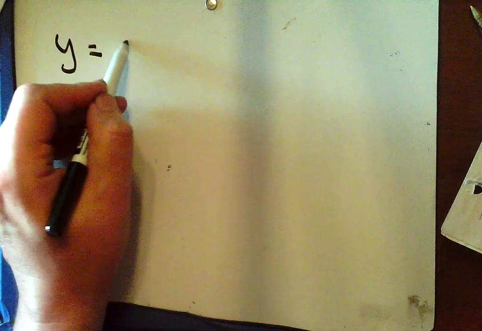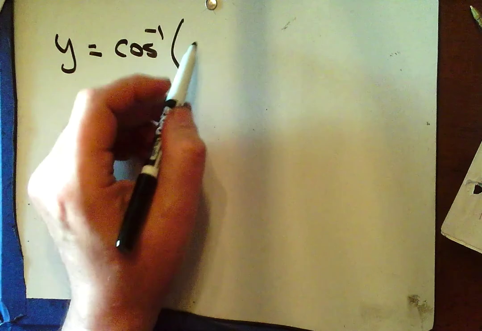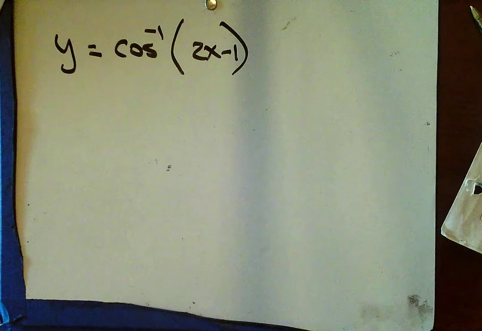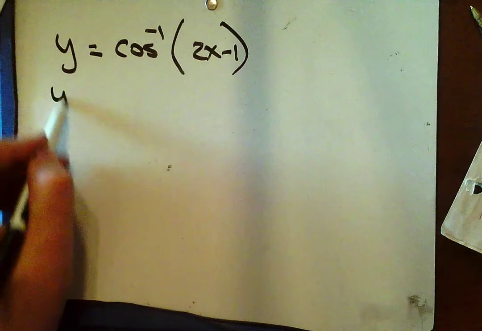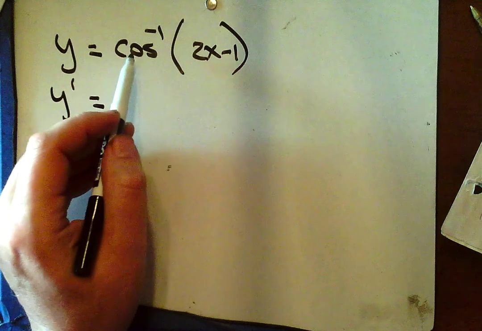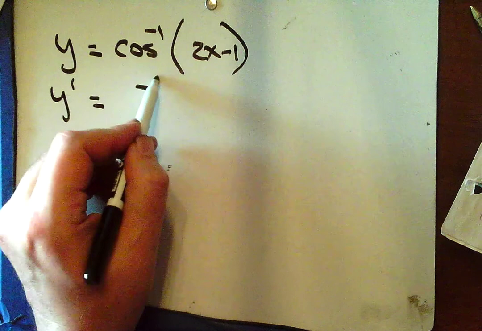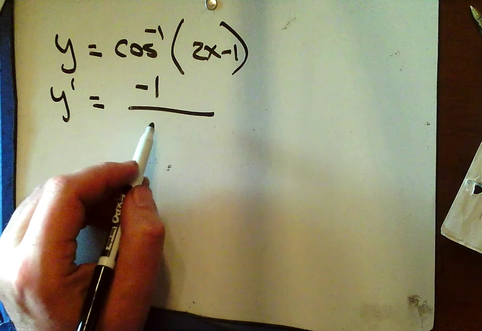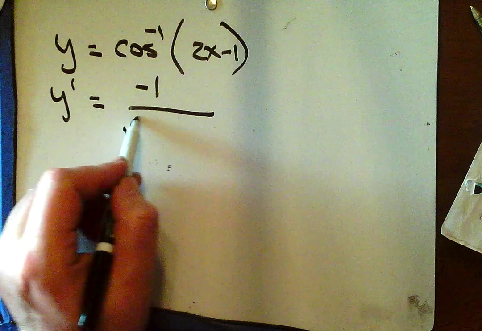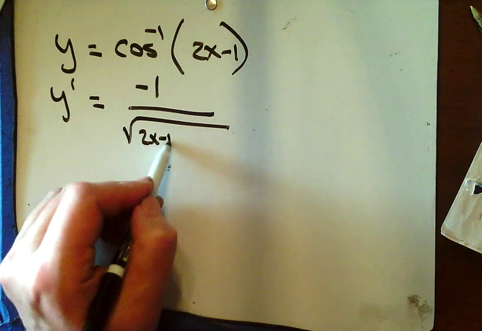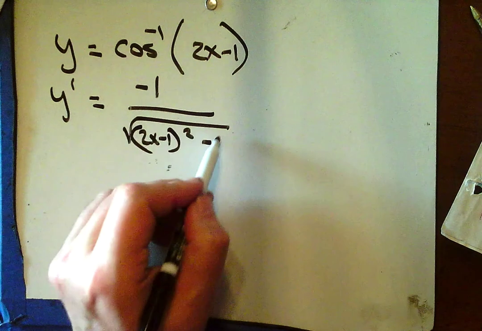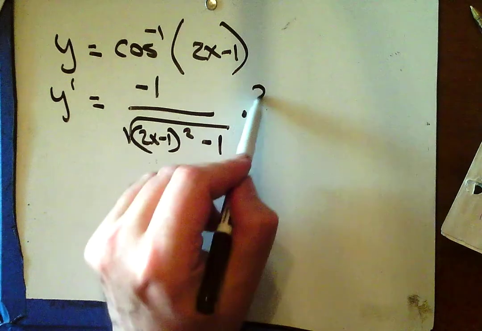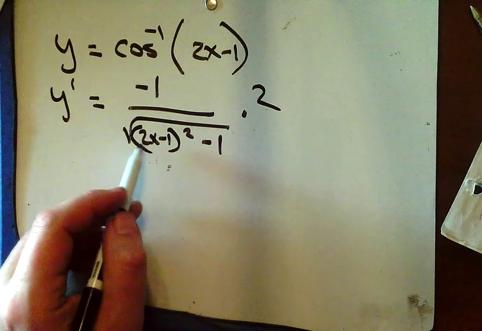Y equals cosine inverse of 2x minus 1. Okay? Y prime equals the derivative of inverse cosine, remember? The co-derivatives always have that negative 1. So I've got negative 1 over the square root of (2x minus 1) squared minus 1, times the derivative of the inside function, which is 2. Do we FOIL this out and not FOIL this out?